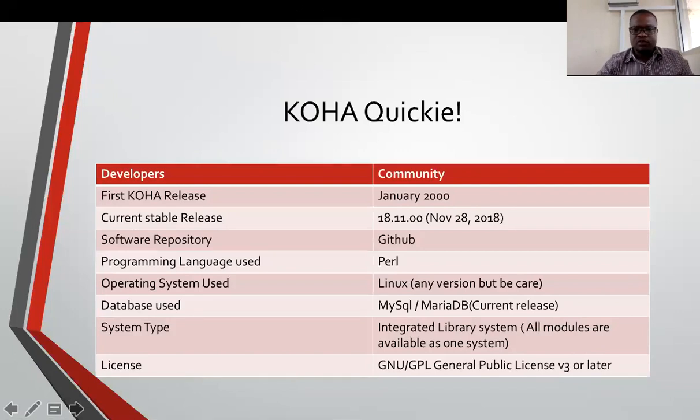The current stable version is 18. The software repository where Koha is stored is called GitHub. The programming language is Perl, and the operating system used is Linux. You can install it on any version of Linux, but you should be careful with the security features in case you want to install it on very old Linux distributions.